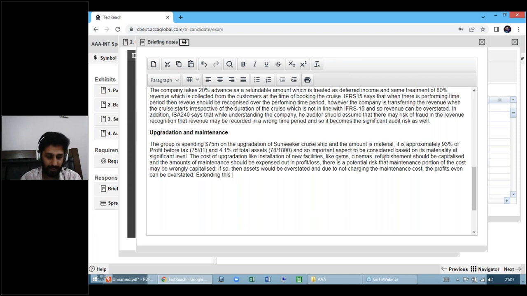Extending the impact of this risk is that depreciation can even be overcharged because of the overstatement in the assets, in the capital expenditures, right?